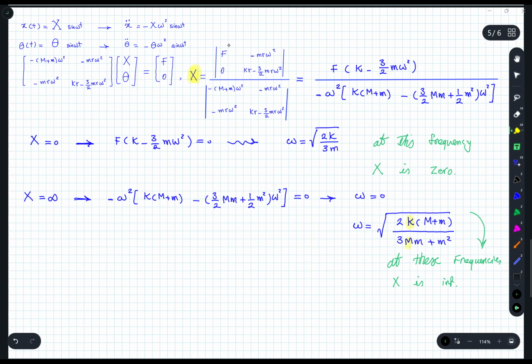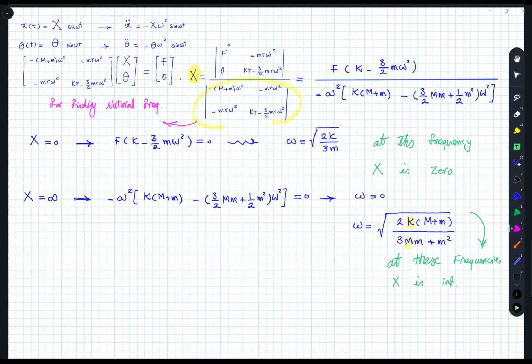something very interesting. That relation here is there, actually, all right? If you go back and look at the relation for finding the natural frequency, you recall, we calculate the determinant of matrix K minus omega squared M equal to 0. And that matrix is that determinant. You can try and test it.